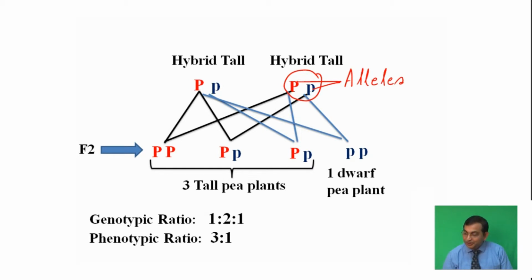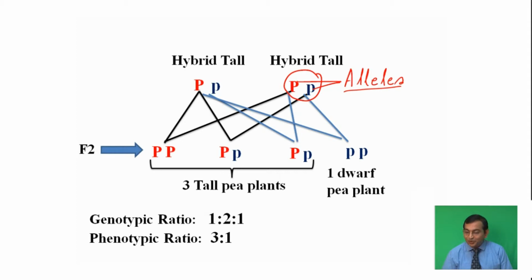He was very much struck by the reappearance of the dwarf pea plant, which indicates that the two alleles, capital P and small p, maintain their individual identity and segregate in the F2 generation with a ratio of 3 tall pea plants to 1 dwarf pea plant.